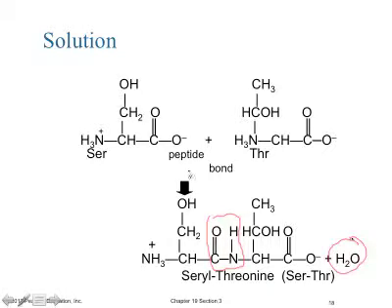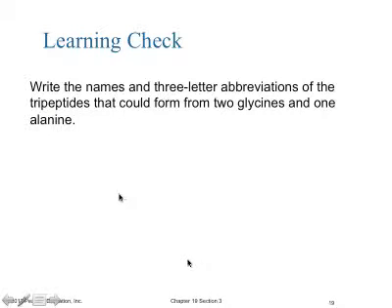Condensation reaction. Write the names and three-letter abbreviations of the tripeptides that could be formed from two glycines and one alanine. So essentially, how many different tripeptides can you form from two glycines and one alanine? I know in math there's a way of figuring that out, but we're going to do it.